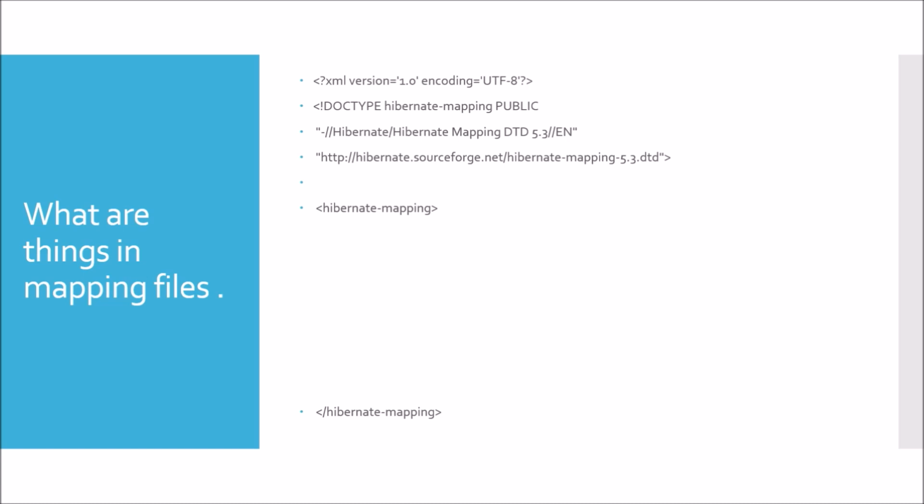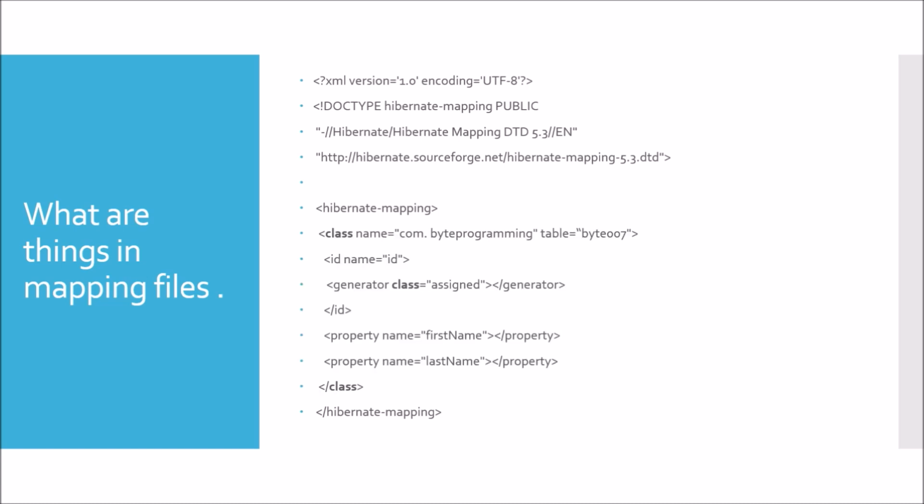This tag contains the classes to be mapped for the table in the database. So inside this hibernate-mapping tag, we have class tag, and this class has name and the table to bind along with ID generator and the value of the properties fields. Moving to next question.